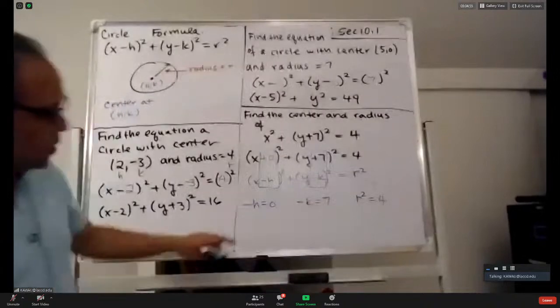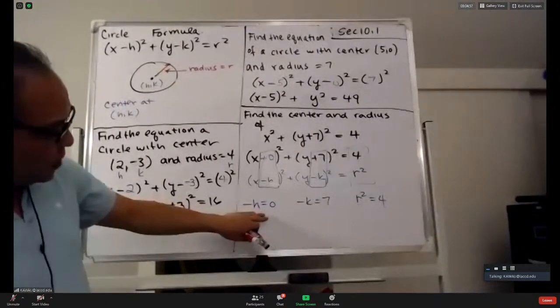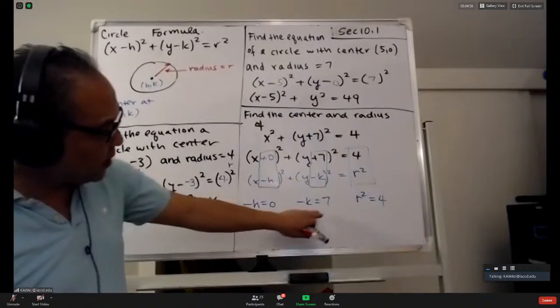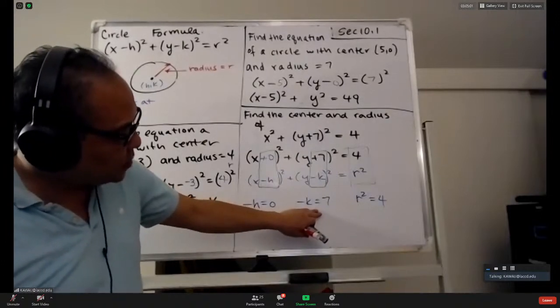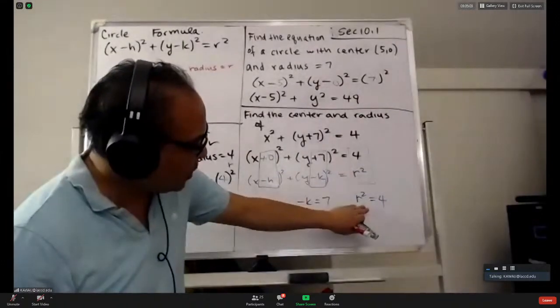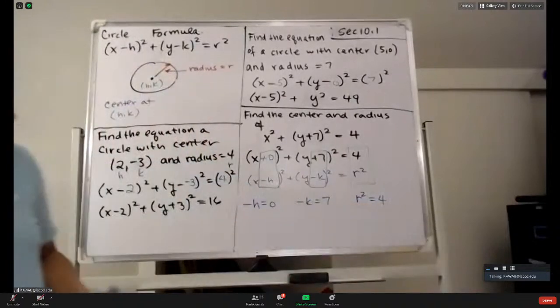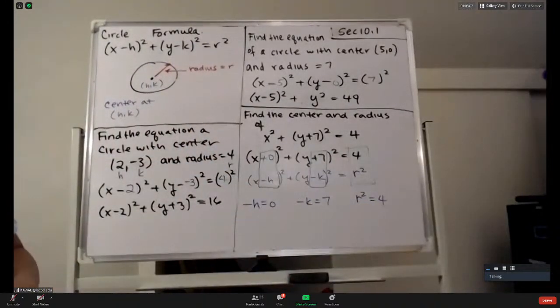And then now you just solve for h by dividing both of these by -1, divide both of these by -1, and then square rooting the r squared and the 4. Okay, so go ahead, do that.